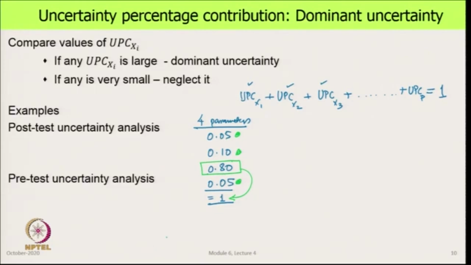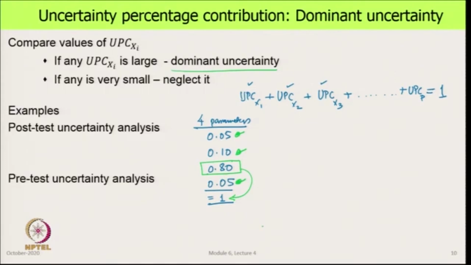So, this would be what we will term as the dominant uncertainty, and its implication is as follows. If we do something to reduce this or reduce this or reduce this, hoping to do a better experiment, the benefits will not be there.